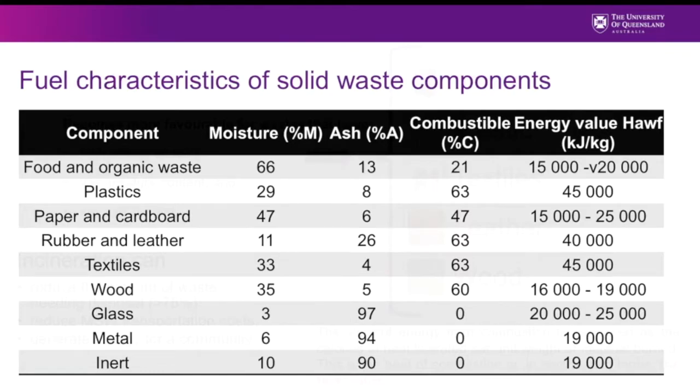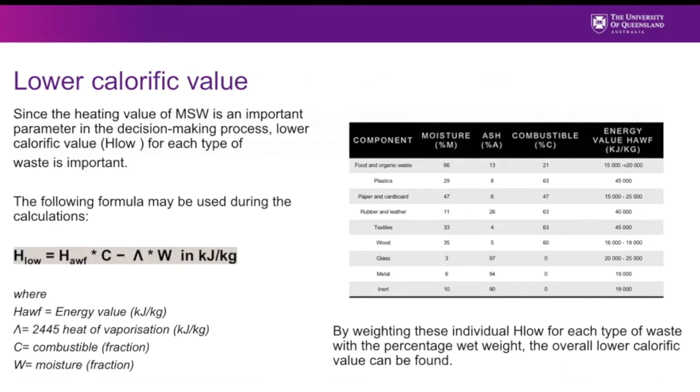And even if glass and metal do not contain high moisture content, of course the combustible material is null. From this information that we get from the components, we are going to calculate the lower calorific value.